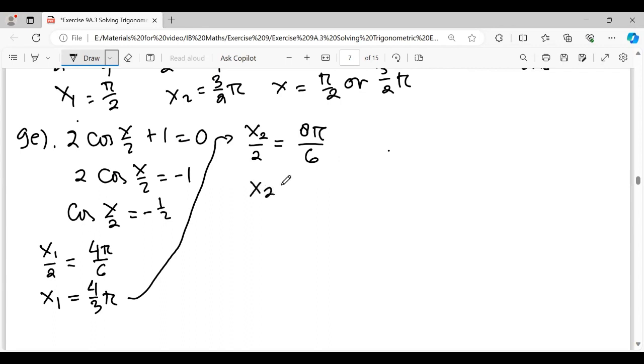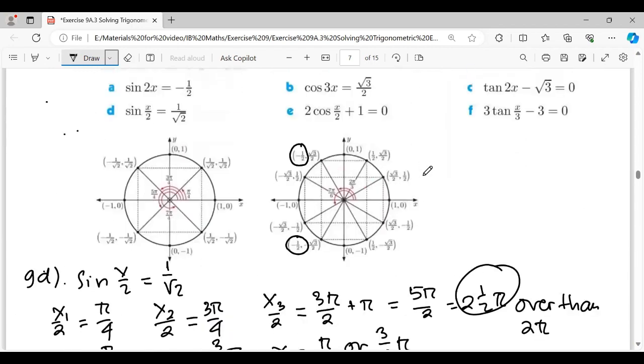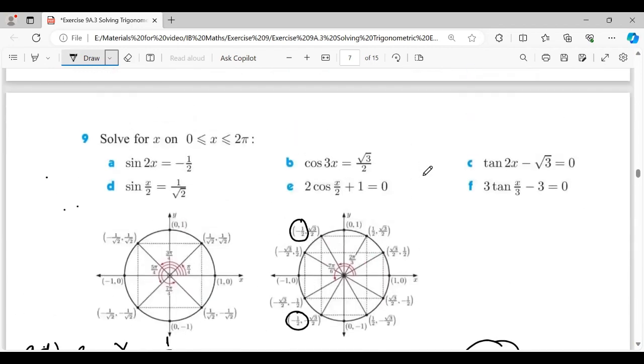So x2, times 2, becomes 16 over 6 pi, over the interval.